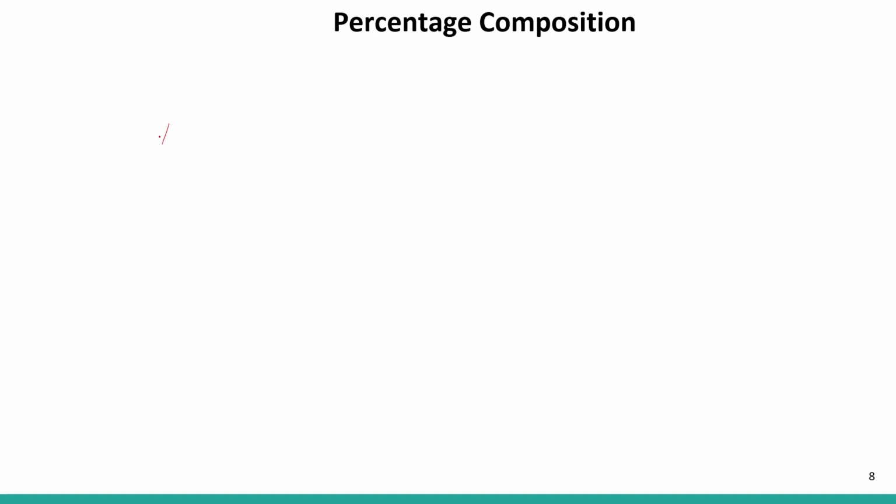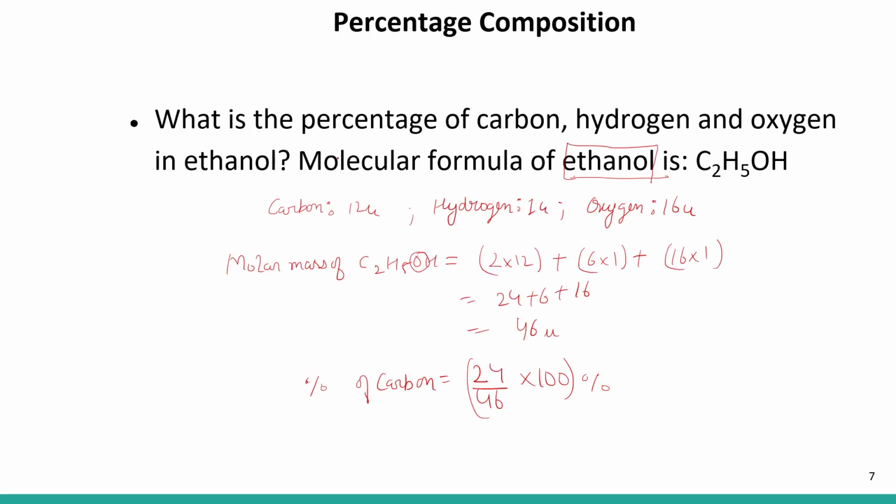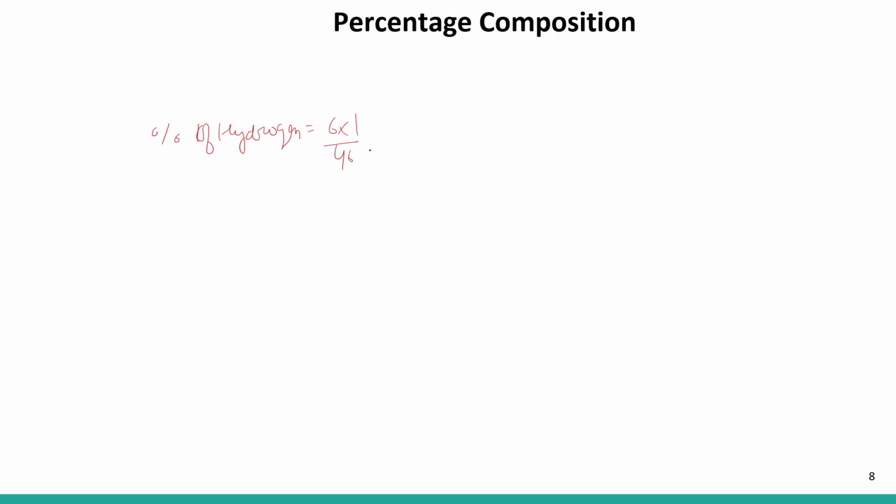Then we will calculate it for hydrogen. Okay, percentage composition of hydrogen element. 6 atoms of hydrogen are present in ethanol, and the mass of each of them is 1. So 6 into 1 divided by 46 into 100. This is the required percentage.